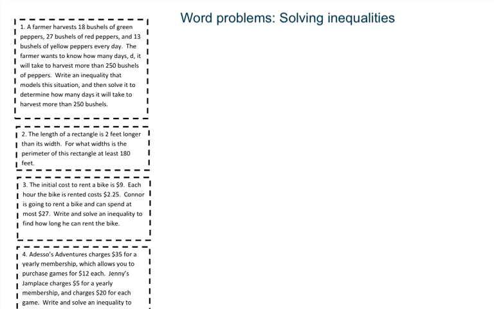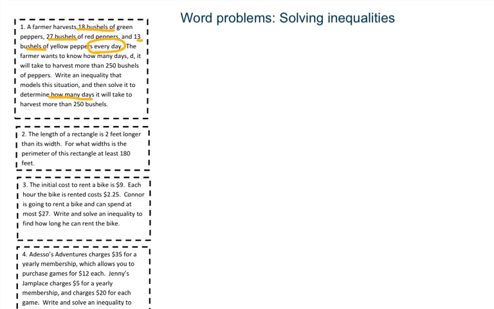So what we're going to do is take a look and highlight some important things. It says that he has 18 bushels of green peppers, 27 bushels of red peppers, and 13 bushels of yellow peppers every day. And we want to know how many days it will take. So since the question is how many days, that tells us a variable has to be D for days.